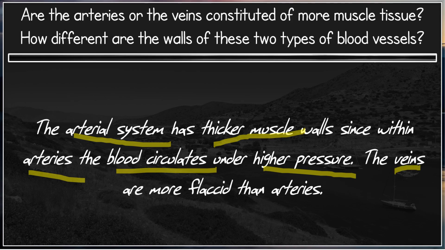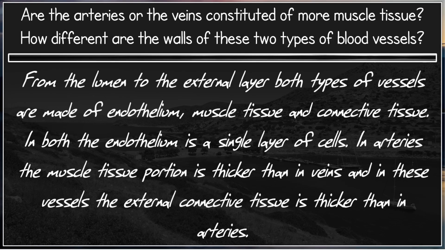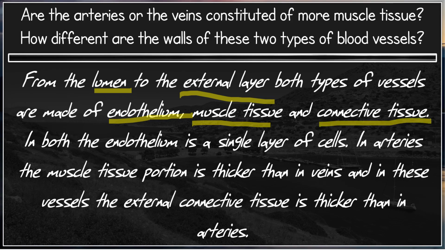The veins are more flaccid than arteries. From the lumen to the exterior layer, both types of vessel are made of endothelial tissue, muscle tissue and connective tissue.